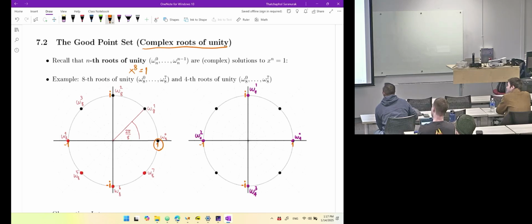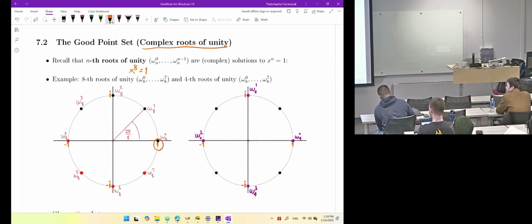There are actually 8 solutions to this equation. For example, this number that we call the primitive root of unity is the point here when the angle is 2 pi over 8.